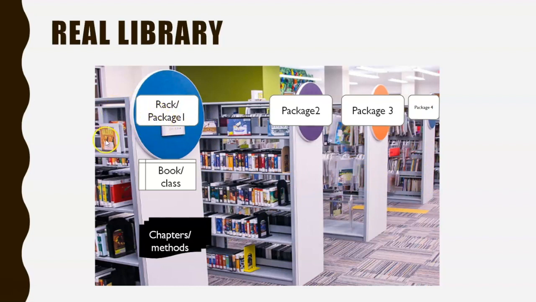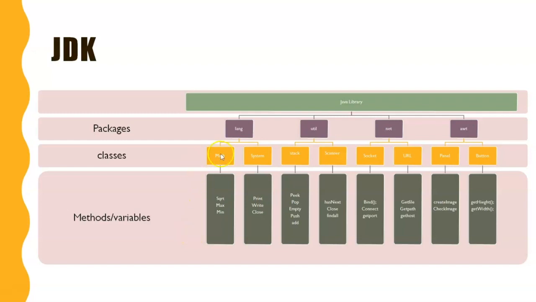So each rack contains books, right? And book, remember, it is a class. And in each book, you get some chapters. Chapters are nothing but methods you can consider. So always remember, a package contains classes, classes contain methods and variables. We will see this shortly.